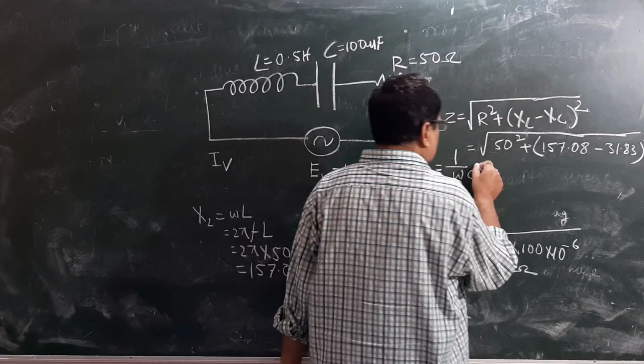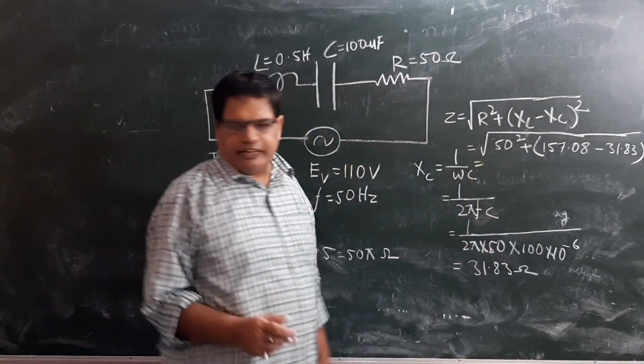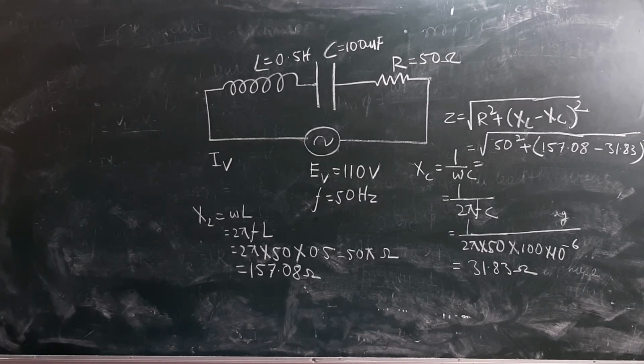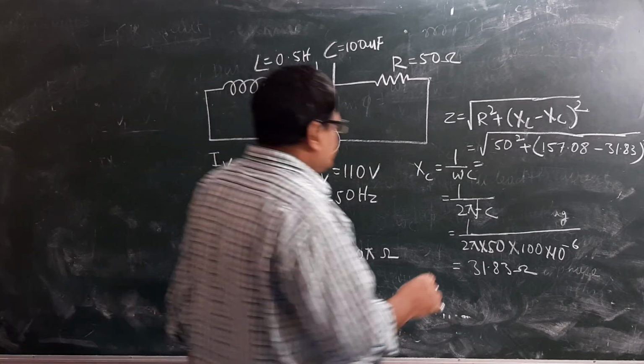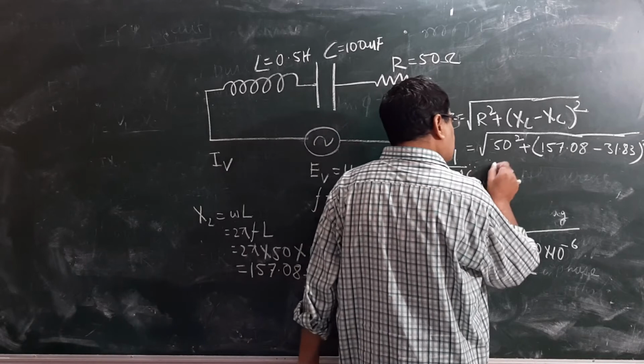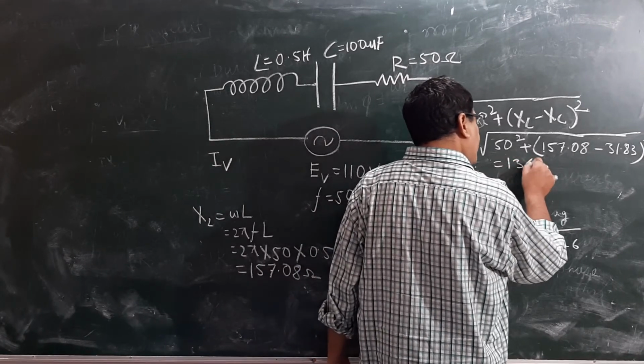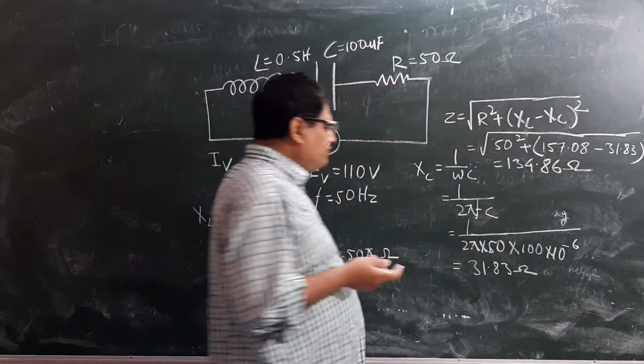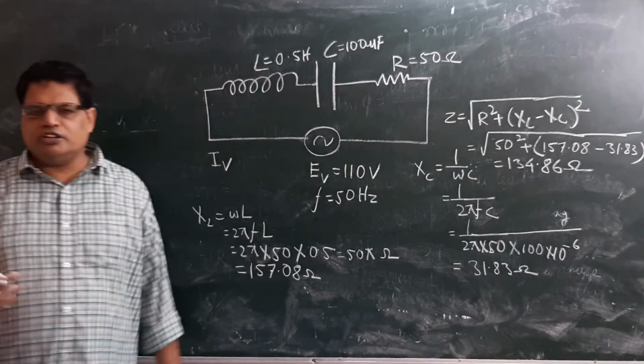So you can find out the impedance. So impedance is 134.86 ohm. So we have got the value of Z.